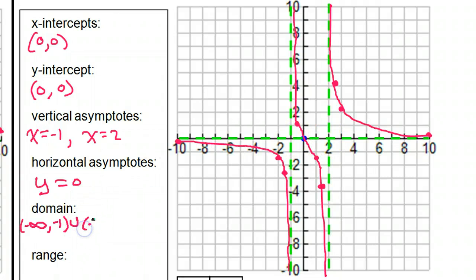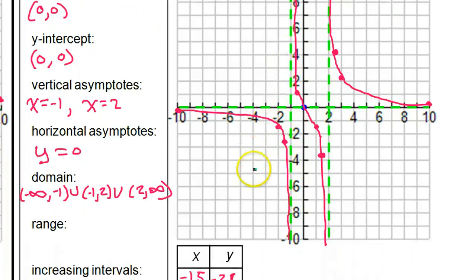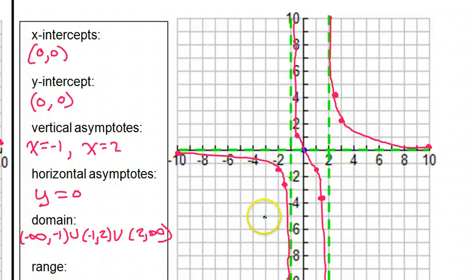And then the third branch picks up after 2 and goes from 2 to infinity. Obviously I'm leaving these all round parentheses because you don't reach the asymptotes. They cannot be included. Now the range is easy.